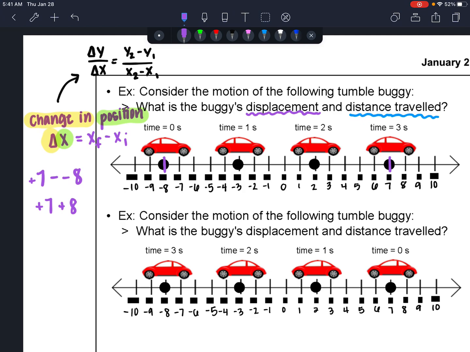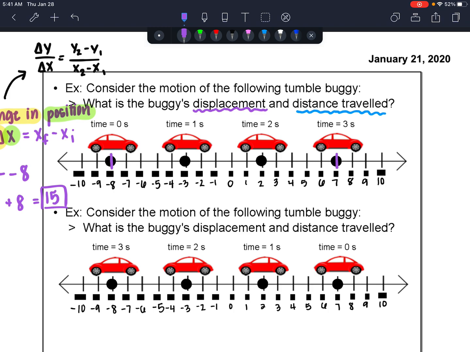So my displacement is 15. Boom shakalaka. Now you could have counted the tick marks all the way over, but that's not always going to be an option that's available to you. There's going to be many times where we're not working with nice values that line up perfectly on a tick mark. So you must know how to calculate change in position quickly by doing final minus initial.